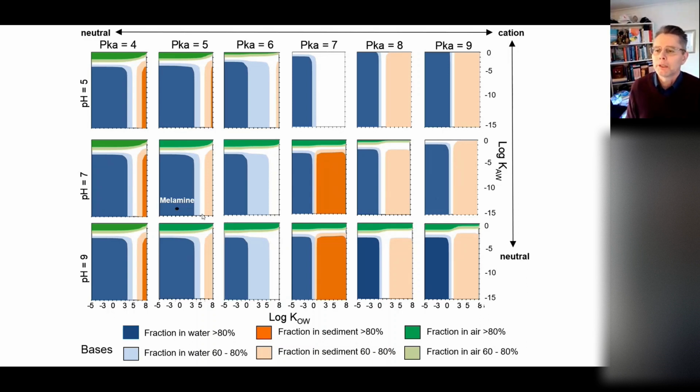In this case, I've put in melamine, which has a pKa of 5, and its behavior is not so much different from its neutral form in this instance. But again, having the ability to look across all of the chemical space allows us to better understand what might happen for different types of chemicals.